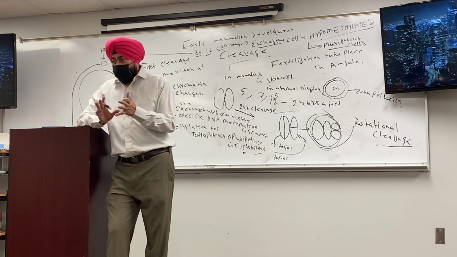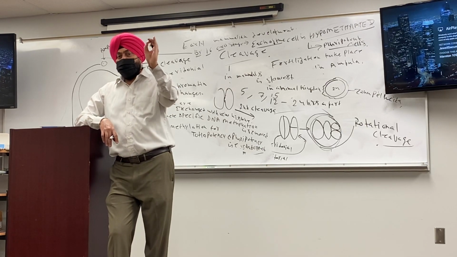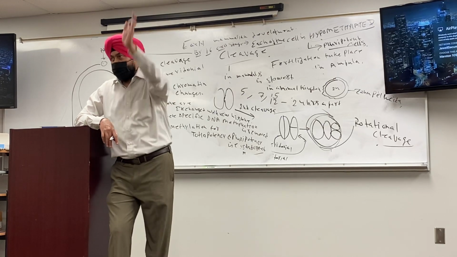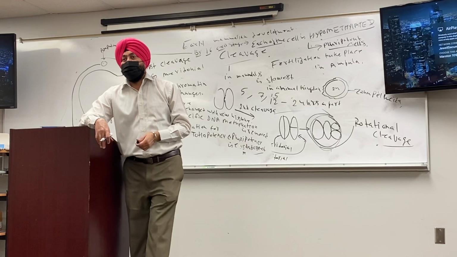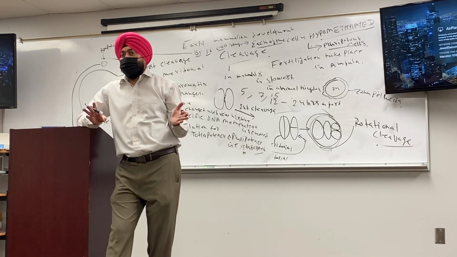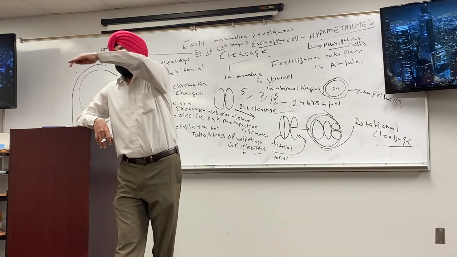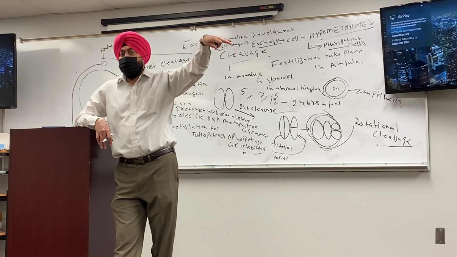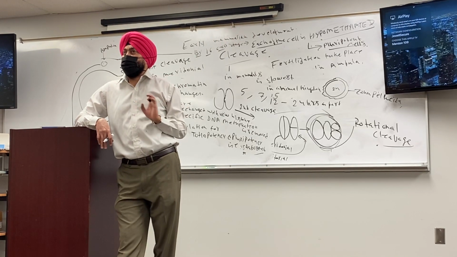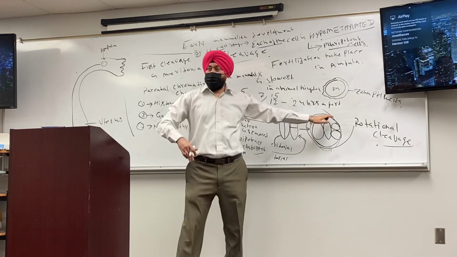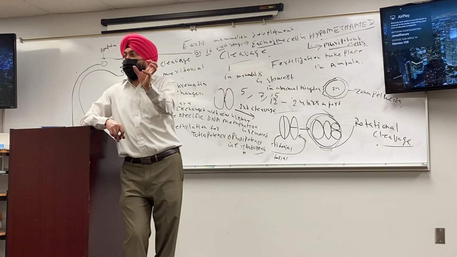So, when fertilization takes place, immediately after fertilization one cleavage takes place, and that cleavage is equatorial. Okay? And that divides the cell in two. Second cleavage: one cell divides equatorially, the other cell divides meridionally, and you get 4 cells, but those 4 cells are divided in different orientation.